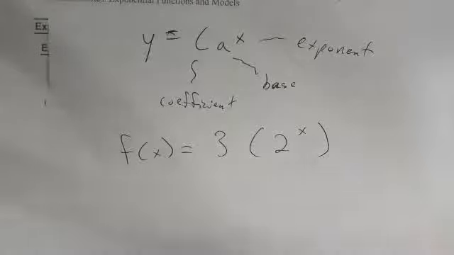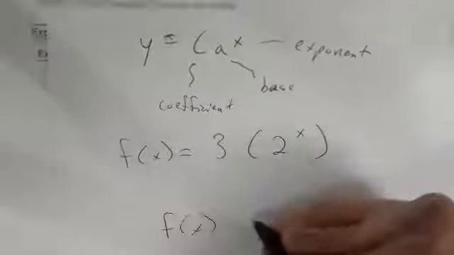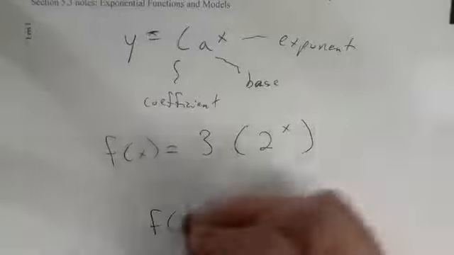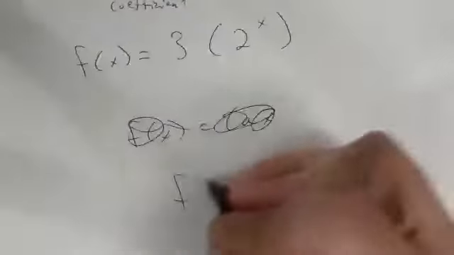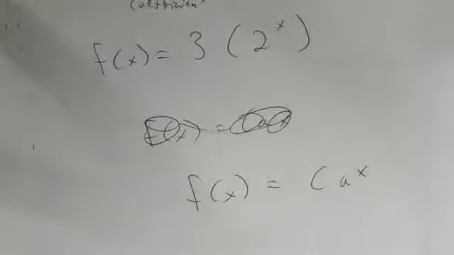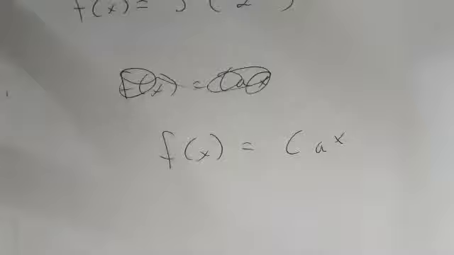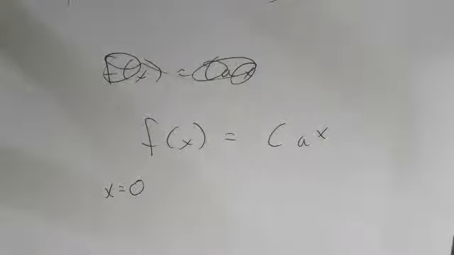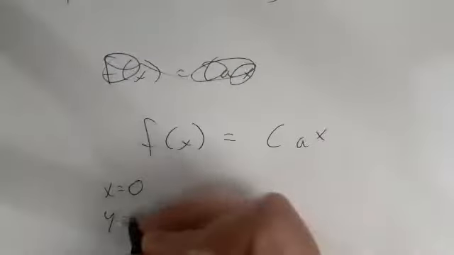And so for the function y equals c times a to the x, if we think about the point at x equals 0, that's another way to talk about my y-intercept.